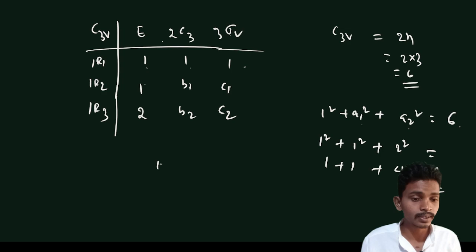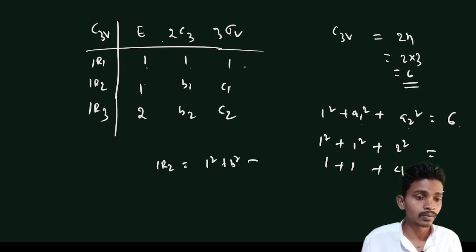That is, I can say that 1 squared plus 2 squared plus the square of this value has to be 6.